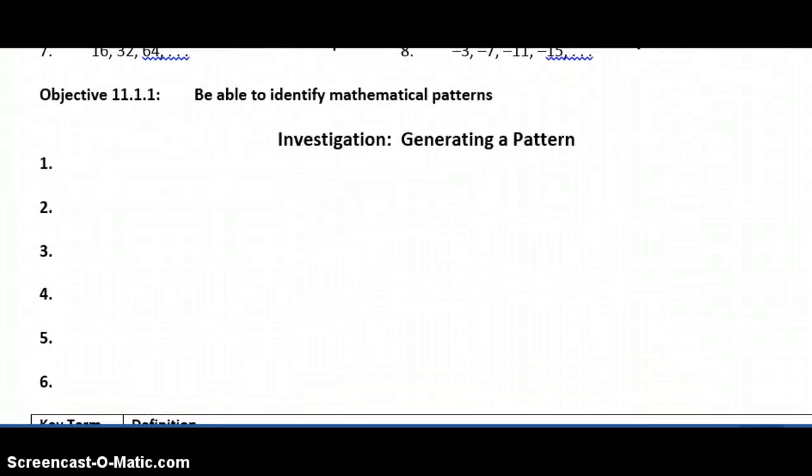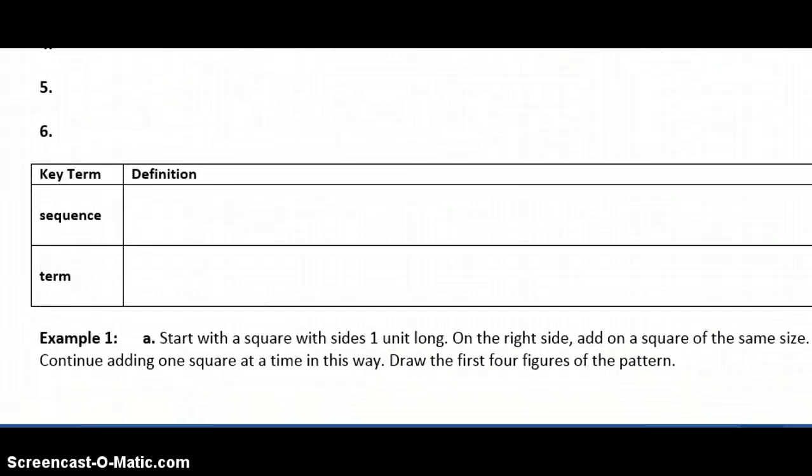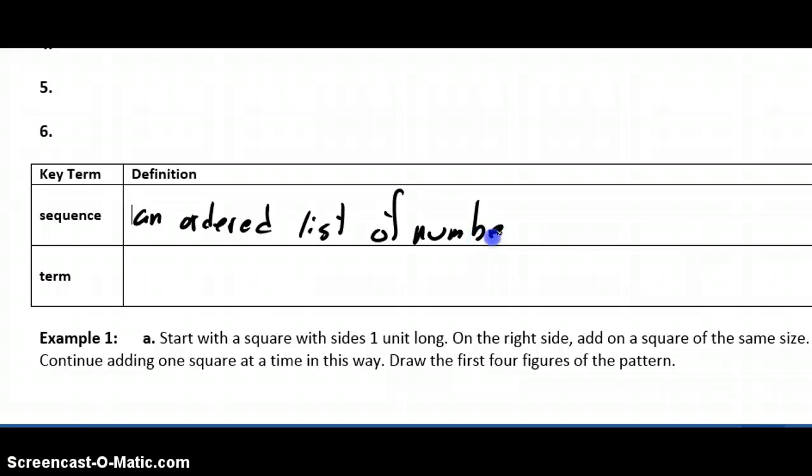We're going to skip the investigation, generating a pattern, and move right down to our sequences and terms, looking for those definitions. A sequence is simply an ordered list of numbers. For example, we could say something like this: 5, 10, 15, 20, and so forth.